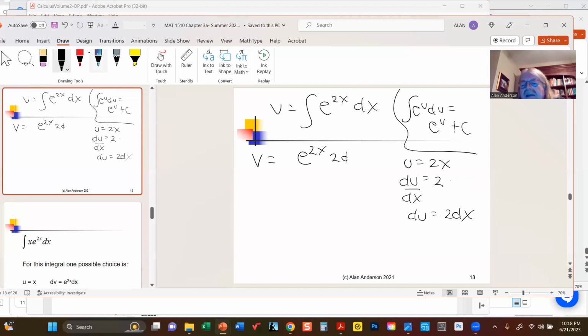That means that this is the part that we don't have, so let's apply it. Okay, so I multiplied the dx by 2, and I multiplied the outside by half so that I haven't changed anything. And now what I've actually got here is 1/2 integral e to the u du, which is 1/2 e to the 2x plus c.